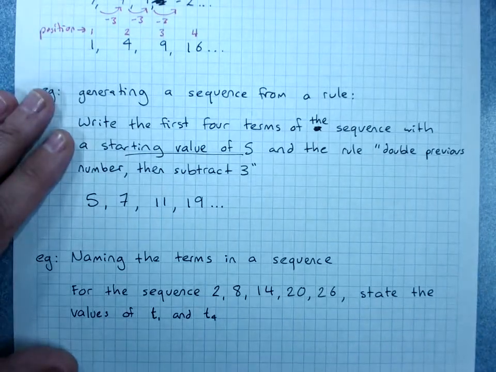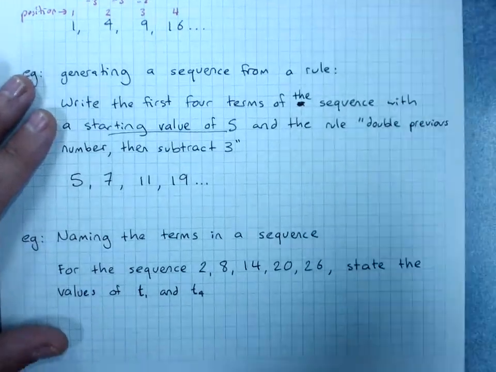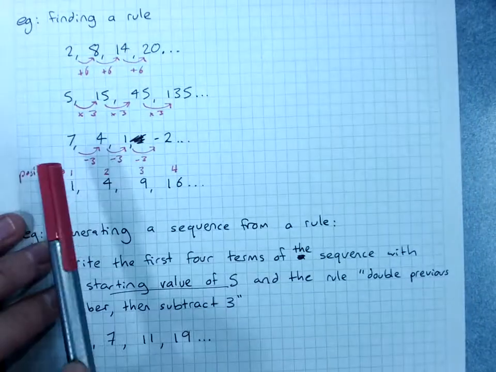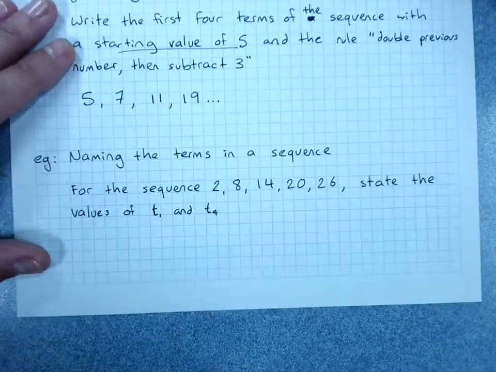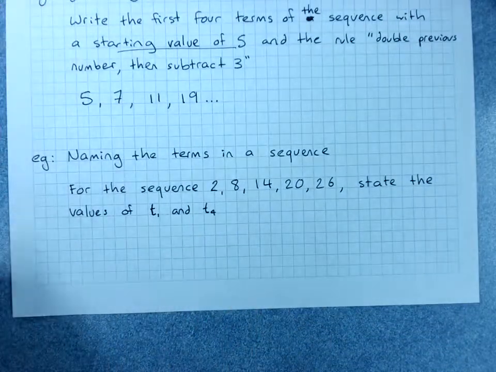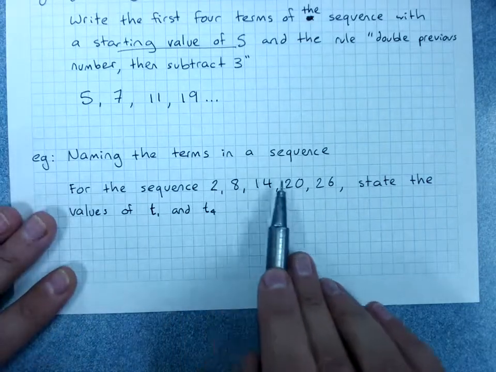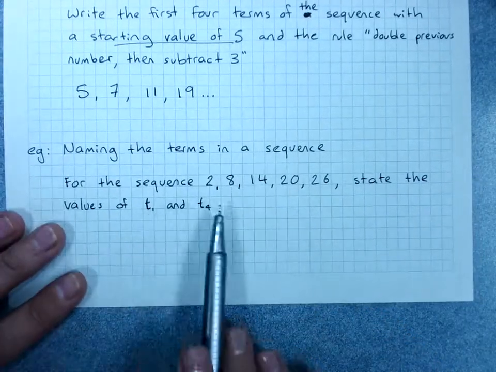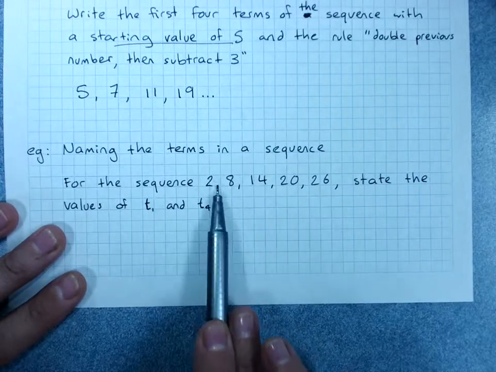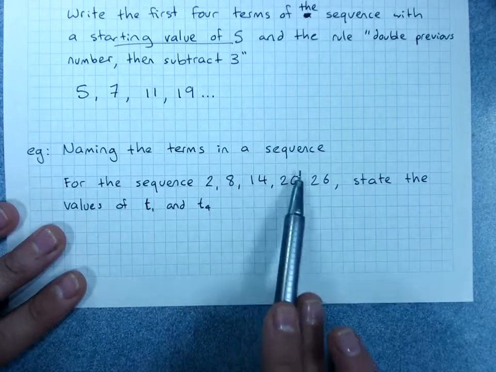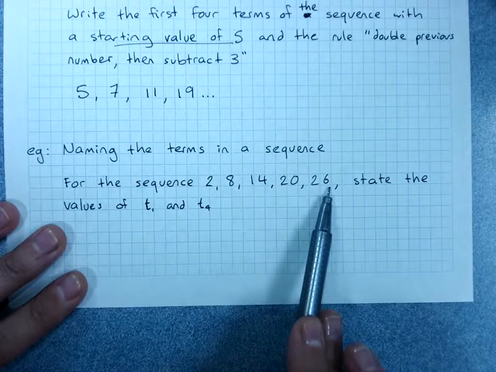And the last thing we should probably mention is I said that the position in the pattern is often very important, and that each of these is known as a term. And so it makes a lot of sense that this is term 1, this is term 2, term 3, term 4, and term 5.